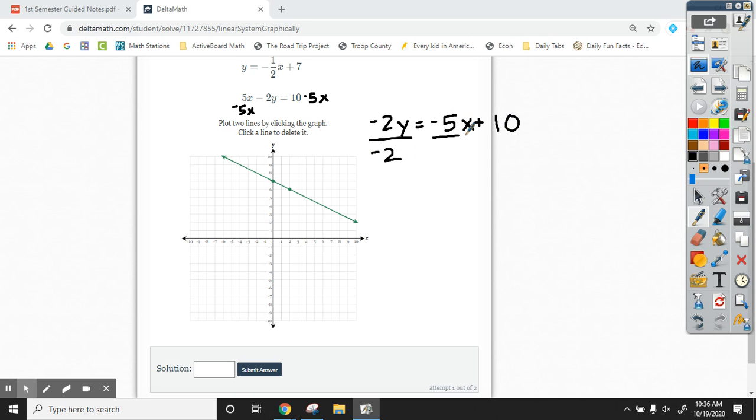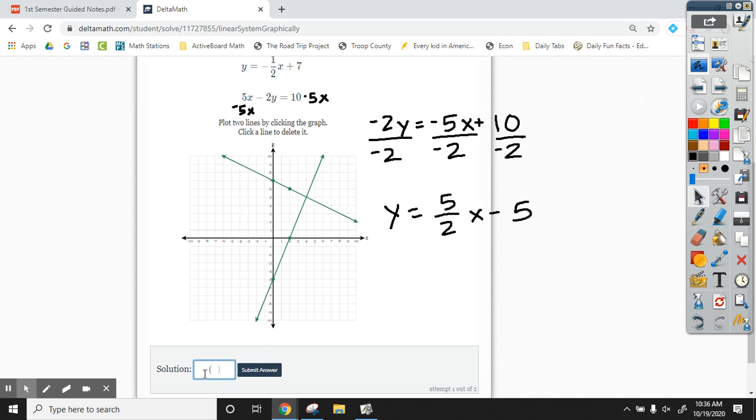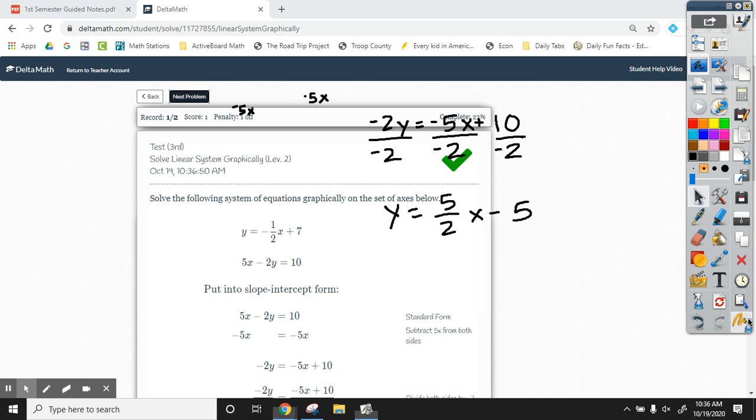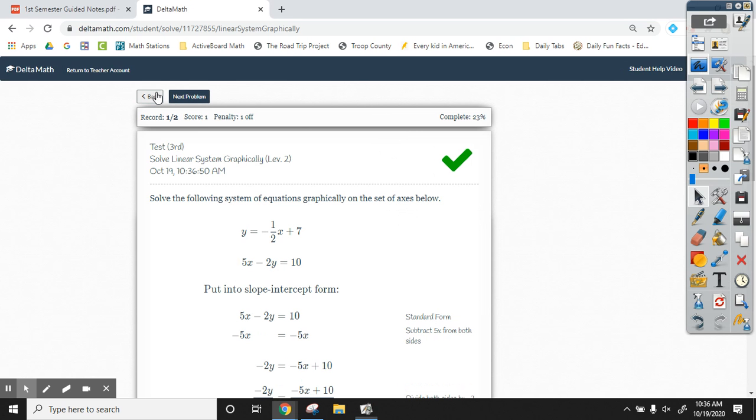And then I divide everything by negative 2 to get y equals 5/2 x minus 5. Then I graph that one. And I get my solution and I still type it as an ordered pair inside parentheses. So that is (4, 5). So you have 2 of those.